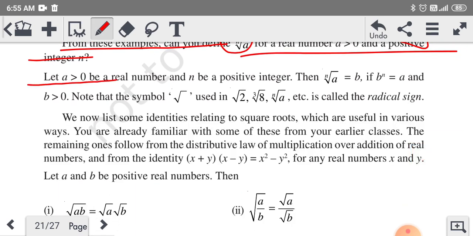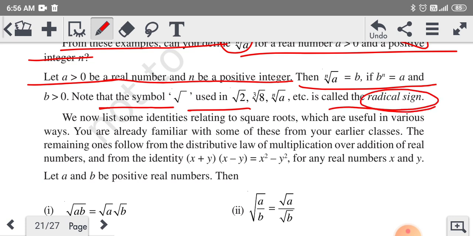Let a be greater than 0, a real number, and n be a positive integer. Then the nth root of a is equal to b if b to the power n is equal to a and b is greater than 0. Note that the symbol under root used in under root 2, cube root of this and so on is called the radical sign.